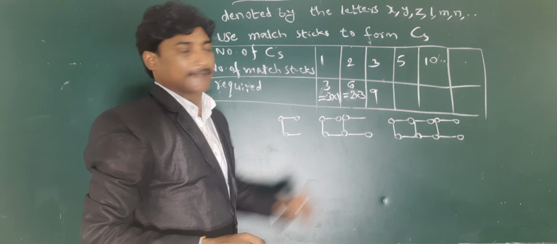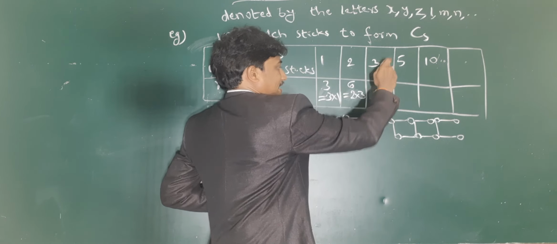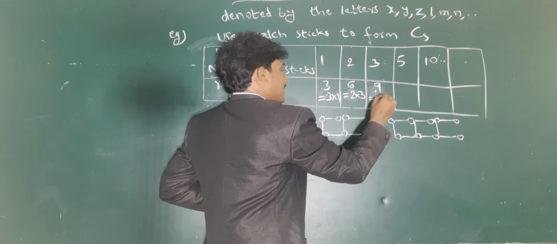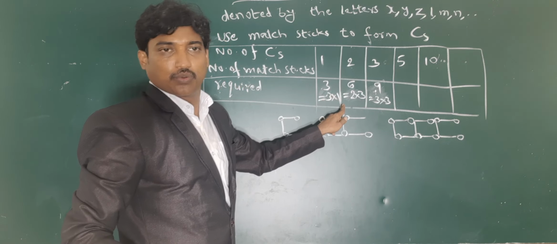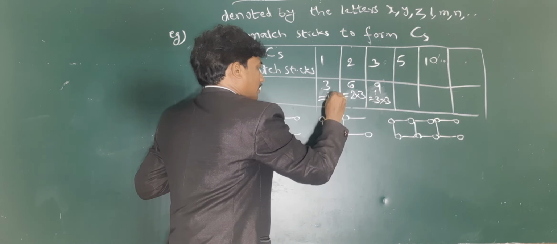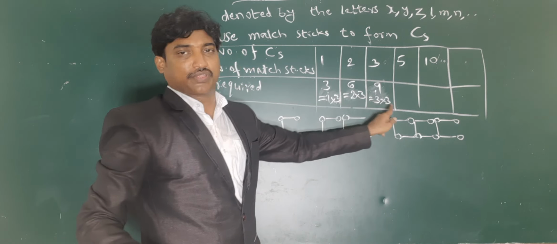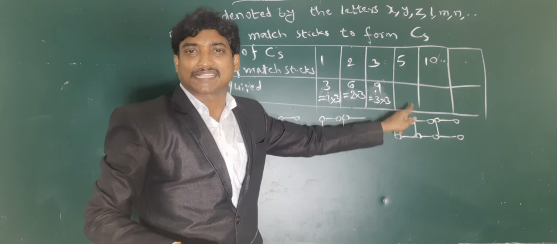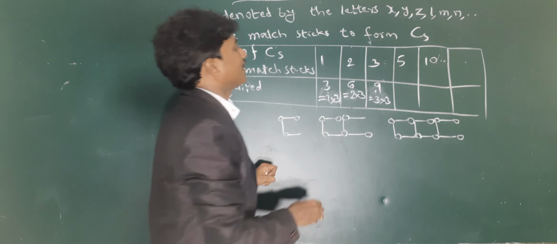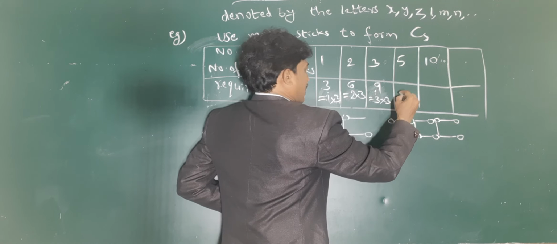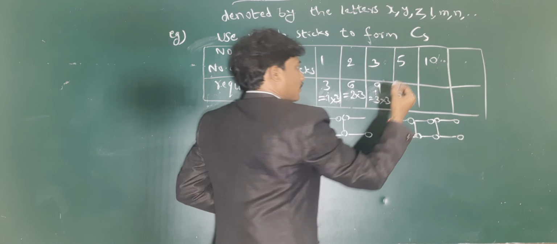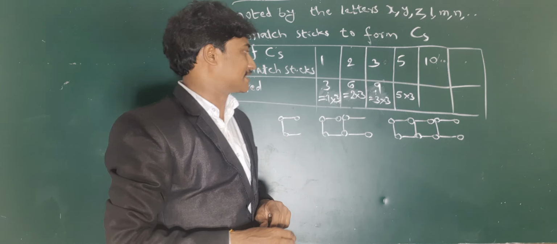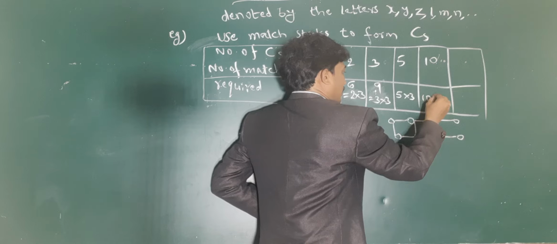For 3 C's, 9 matchsticks are required. We can write it as 3 into 3. For 5 C's, we can generalize: 5 into 3 matchsticks are required. For 10 C's, 10 into 3.